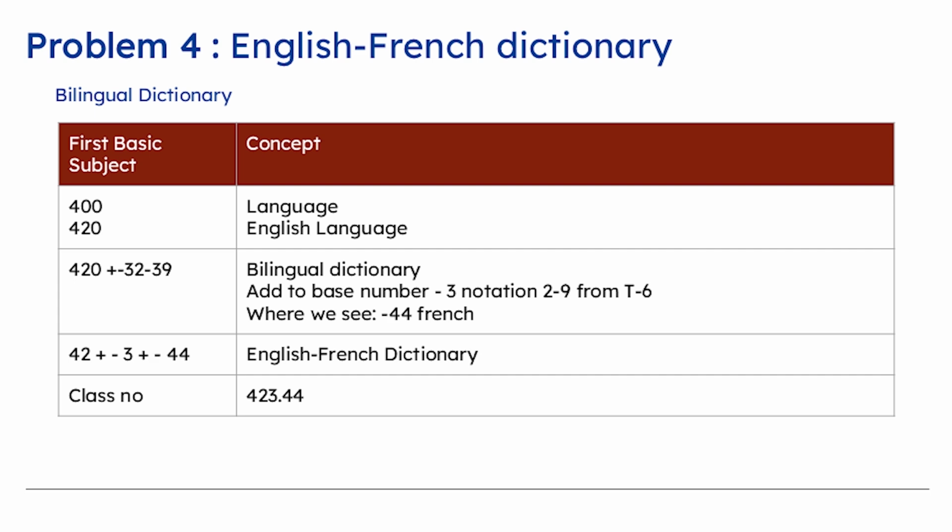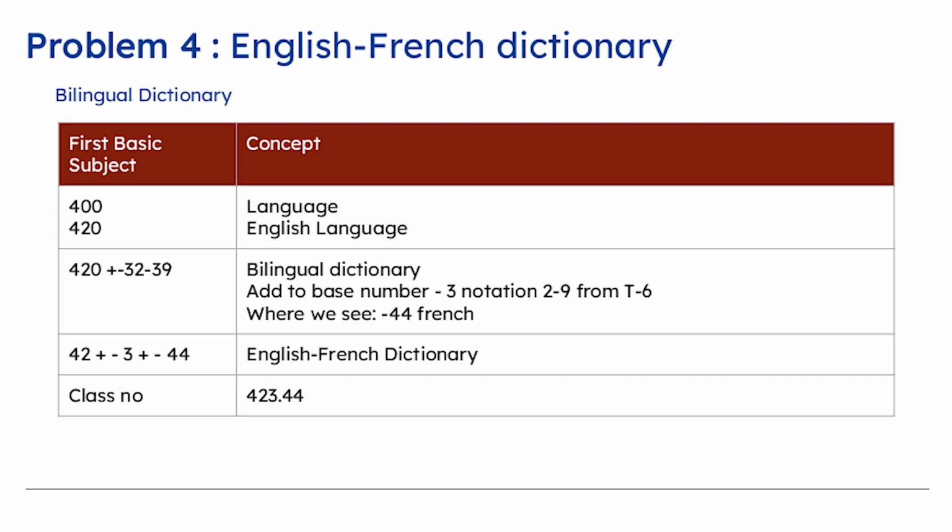So we will go to table 6, open it and search. You will see -44 French, -44 French language. But the instruction is to add to base number -3, meaning -3 to -39. Here -3. We have to add the number from table 6, notation 2 to 9, where we obtain 44. So the 44 number will have to be added with 3.